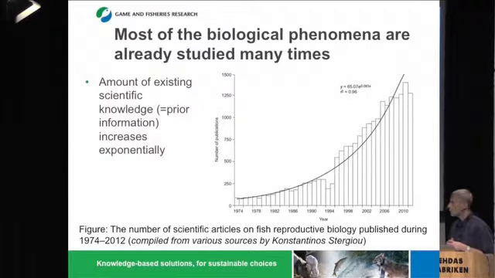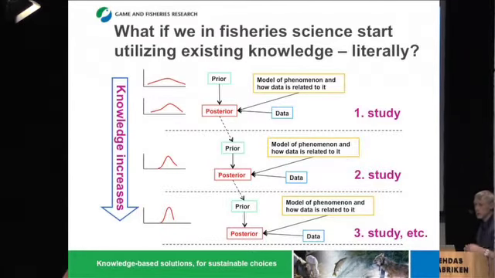Quite often, especially in fisheries science, we are dealing with similar types of issues in different studies. In fact, most of the issues are already more or less studied before we start to study them ourselves. So the question is then how to utilize this information which is accumulating.